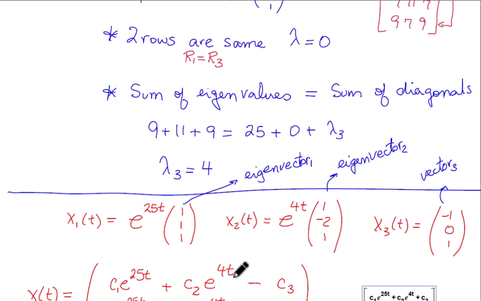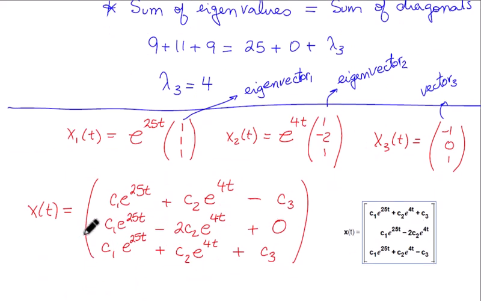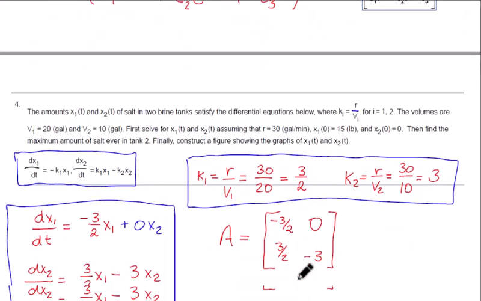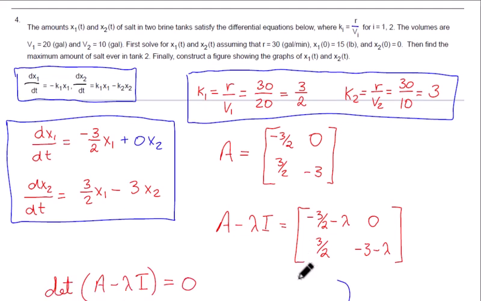All right, and then for each of those eigenvalues, you would find the corresponding eigenvectors. We did that, and so that's what my x of t would look like. In our final problem, we've got 2 salt tanks.